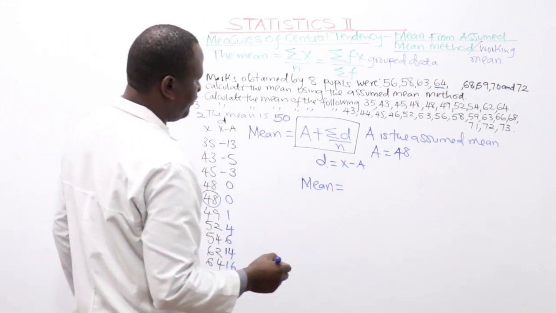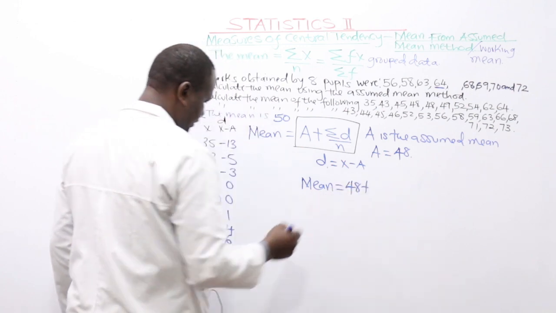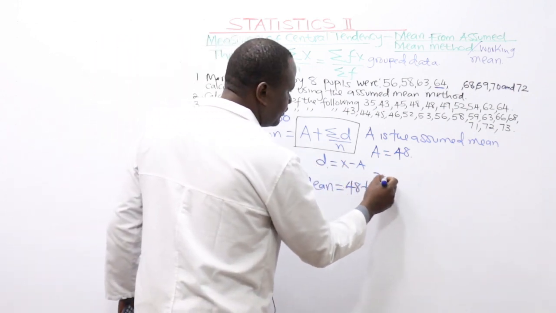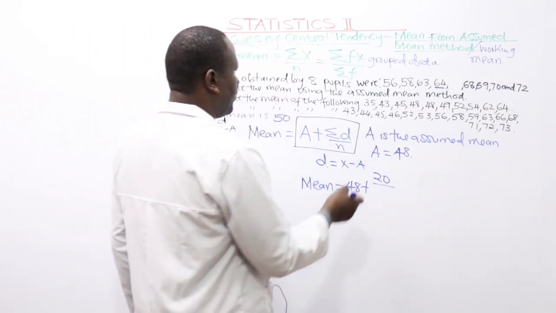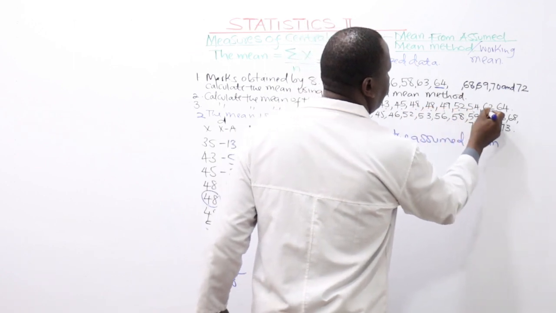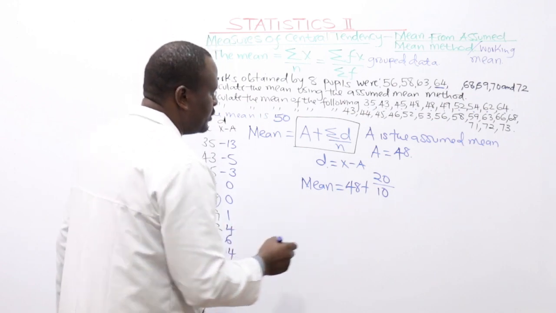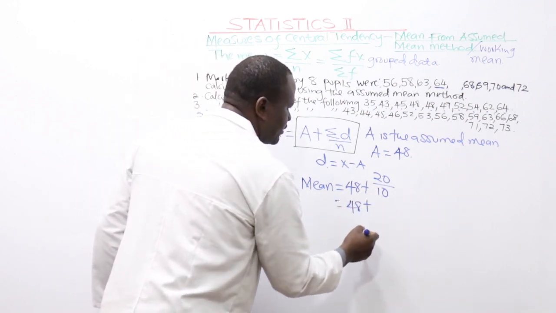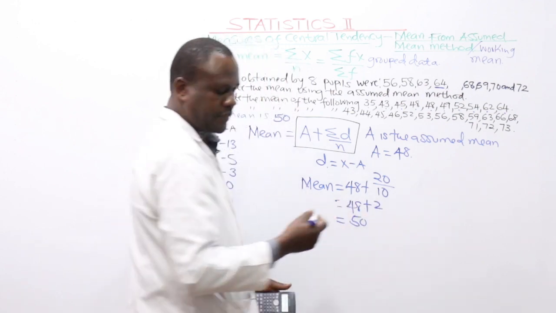So the mean is 48 plus summation of D, which is 20, over how many are they? 1, 2, 3, 4, 5, 6, 7, 8, 9, 10, over 10. So you can see we get 48 plus 2, which is 50.